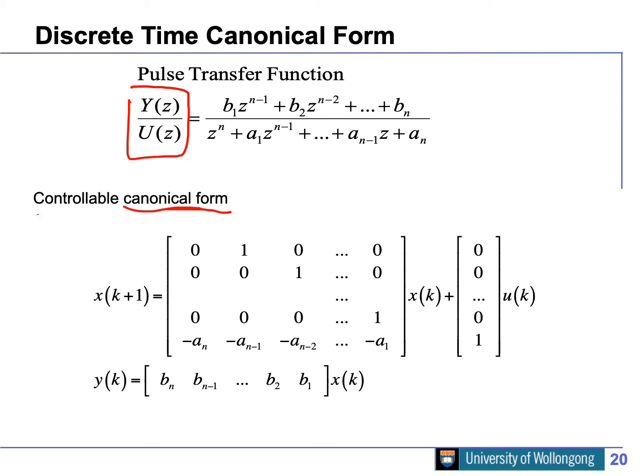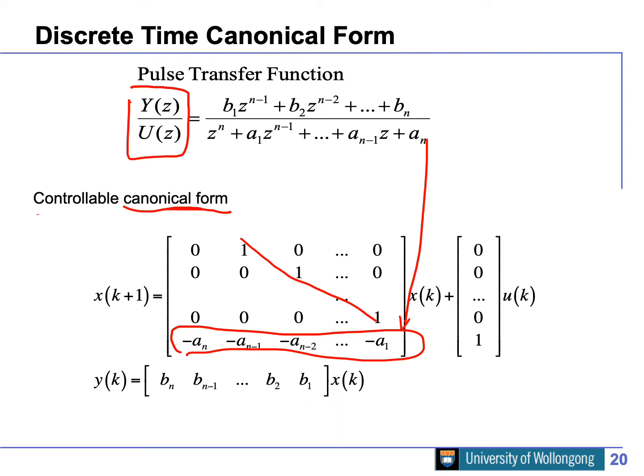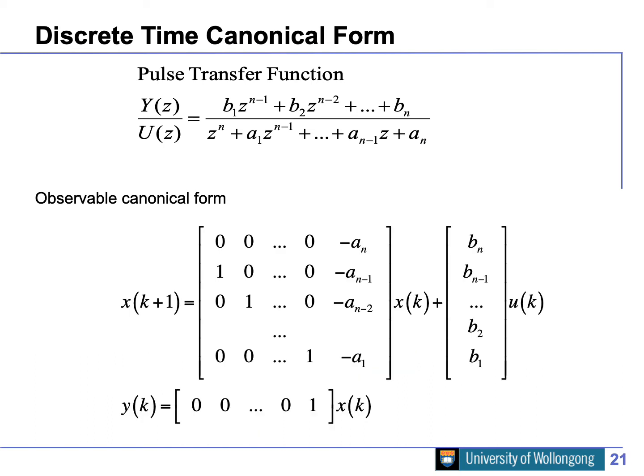Controllable canonical form: you have the denominator in the last row, get 1s off the center, and you have the numerator here as C. So this is phi, this is gamma, that's C. Exactly the same thing as the continuous time system. The continuous time system has a transfer function in the S domain. This will have a transfer function in the Z domain.